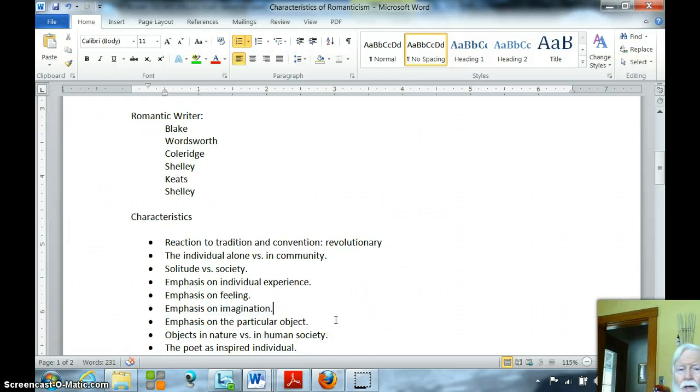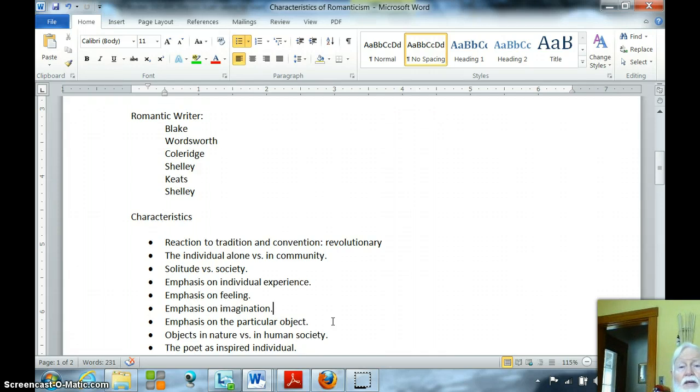The Romantic writer was not concerned so much with imitating objects in general from what we call reality. All right, I don't mean that the romantic writer was not interested in reality. He certainly was, or she, very much interested in reality, but the tradition in literature up to this point had been that literature was essentially an imitation of what we see in reality.